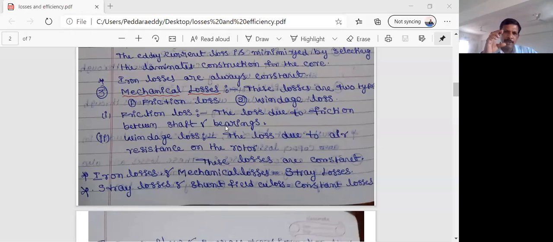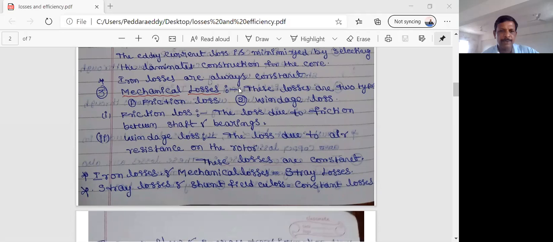The bearings are provided over the shaft for smooth rotation. In between these two, there will be some friction. So the loss due to friction between shaft and bearings is called friction loss.